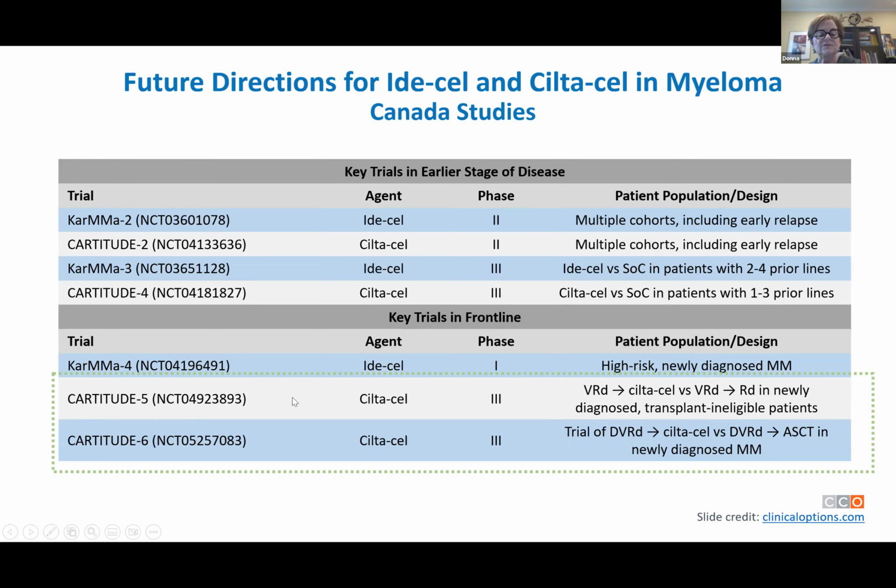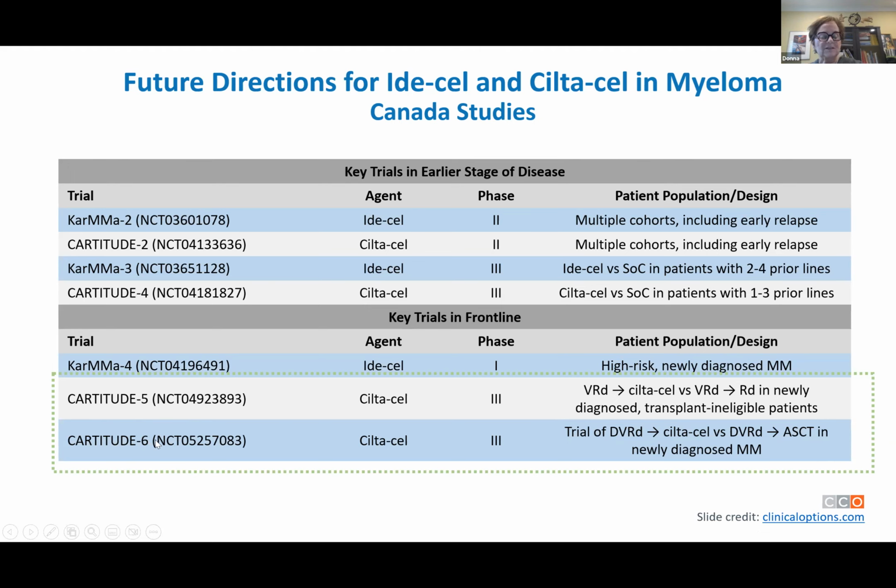So we don't know the results of this. We did put several people on this at Princess Margaret. We're eagerly awaiting, but you know, VRD with RD in newly diagnosed transplant eligible patients is going to give a median of several years. So this will not read out for a while.